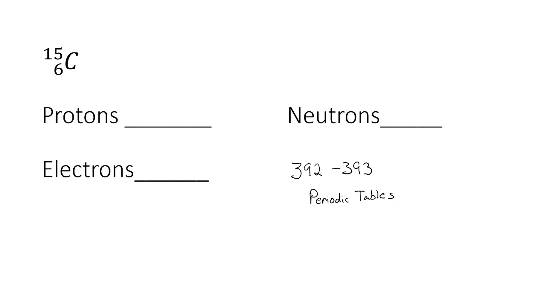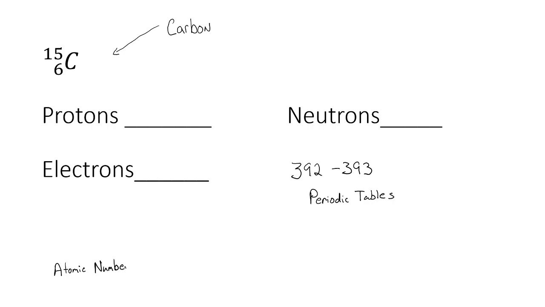So if I look on that table, number 6 on the periodic table is carbon. Carbon is always number 6, and that is always determined by something called the atomic number.